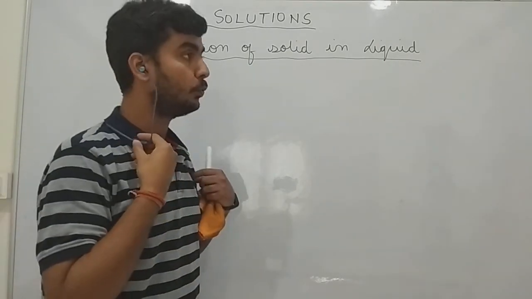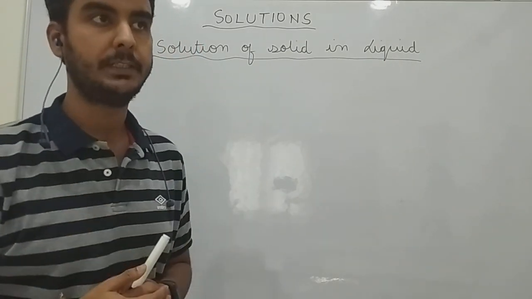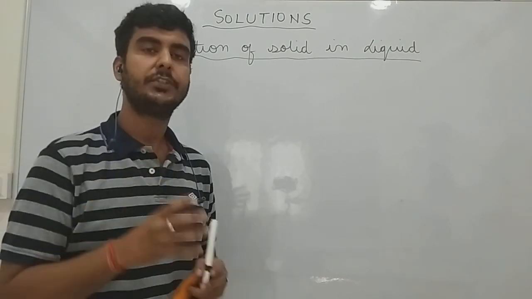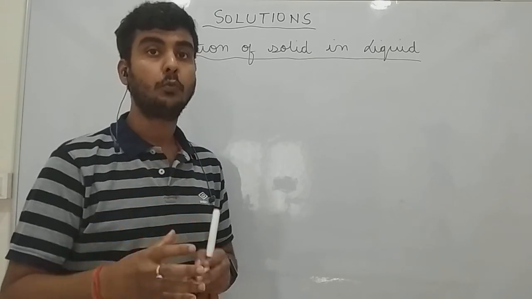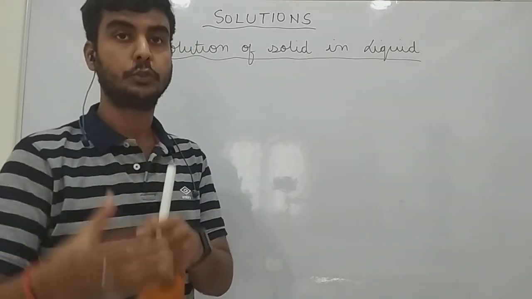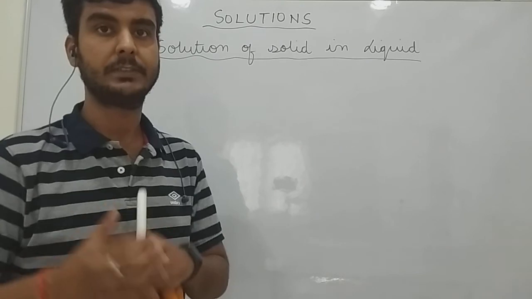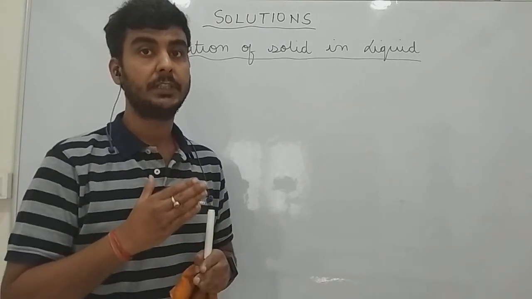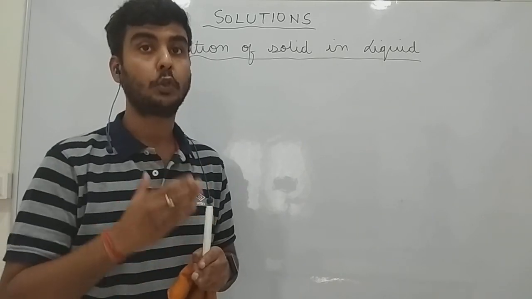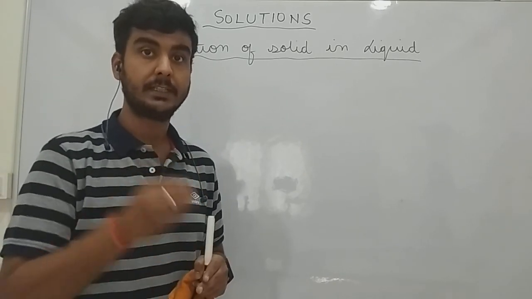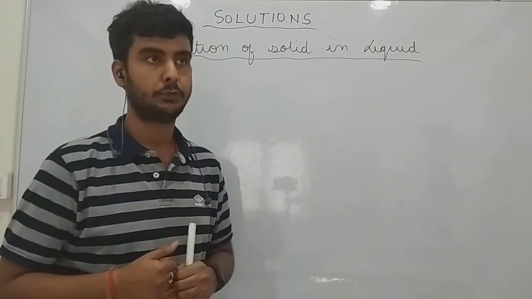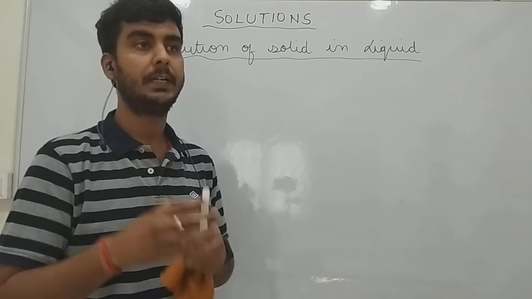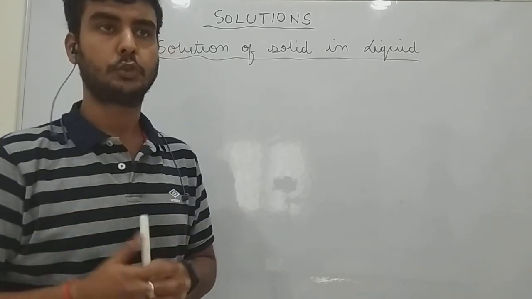Now, whenever you try to dissolve any solid in a liquid, there are some factors which influence the amount of solid, that is the solute, you can dissolve in the given solvent. For these types of solutions, generally the solute is the solid and the liquid is the solvent.